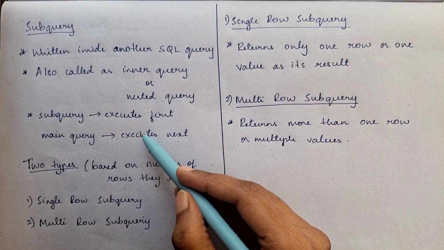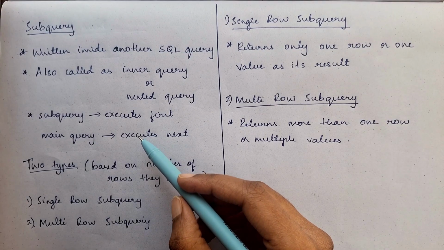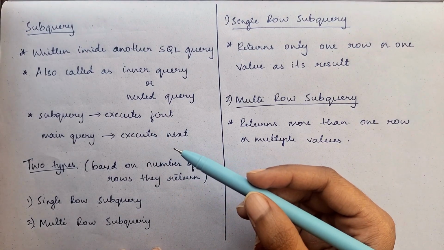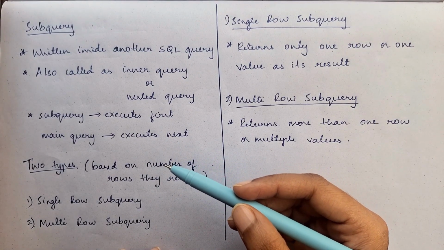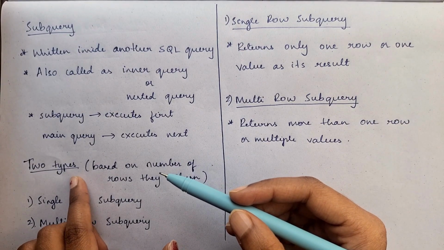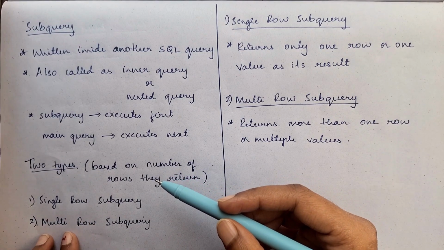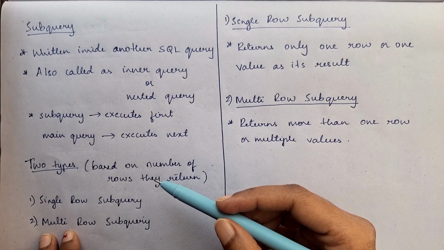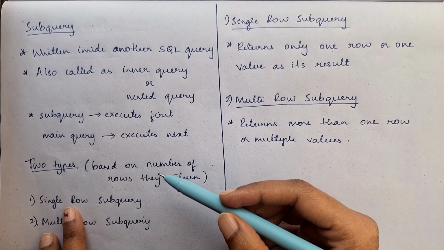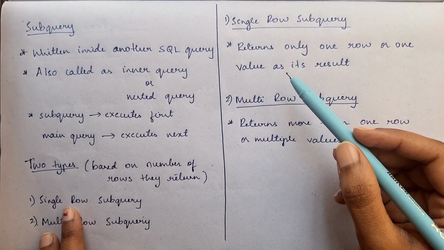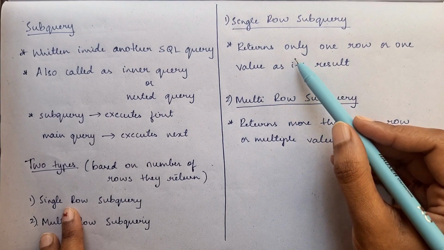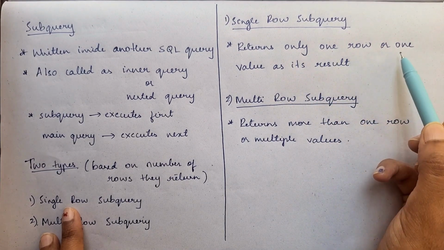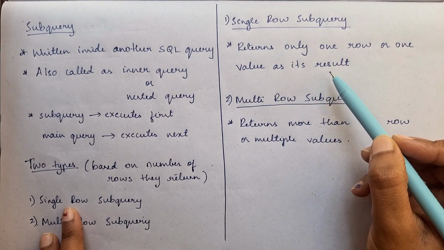Now that we have a quick understanding of what a subquery is, let us move forward and understand the types of subqueries. Generally, subqueries are divided into two types. The first type is called a single row subquery. As the name suggests, this type of subquery returns only one row or one value as its result.